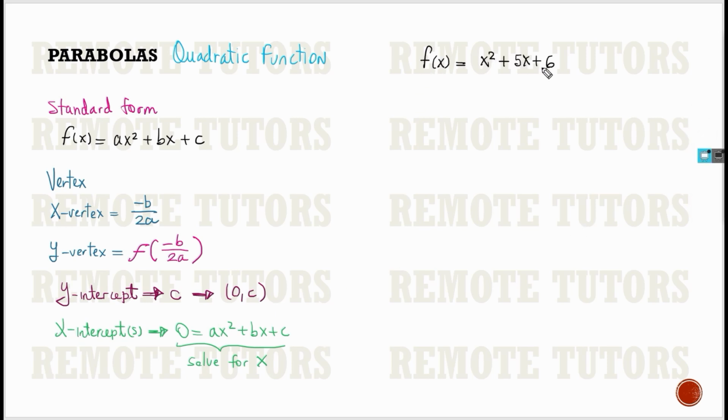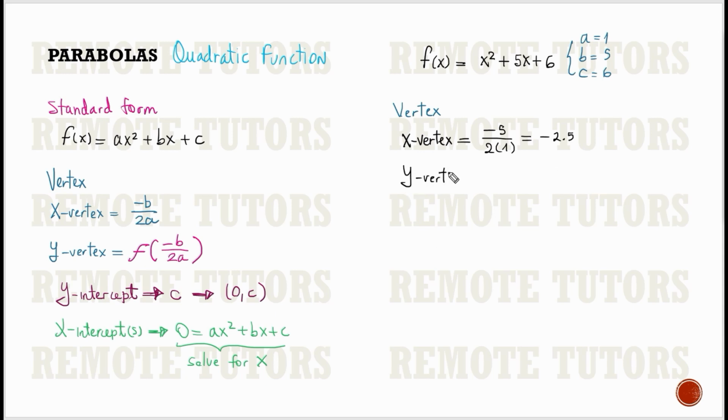Okay, let's solve this easy example. First of all, here the value of a is 1, the value of b is 5, and the value of c is 6. First, let's find out the coordinates of the vertex. The x value of the vertex is given by minus 5 divided by 2 times 1, which gives minus 2.5.